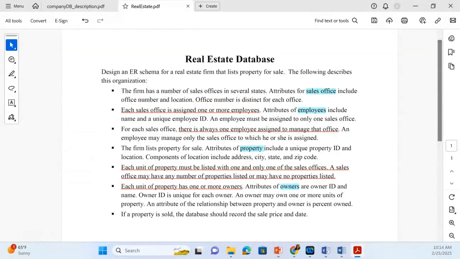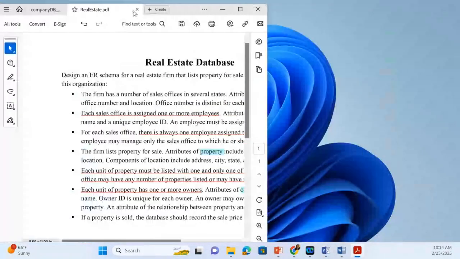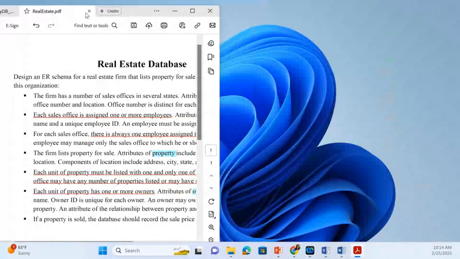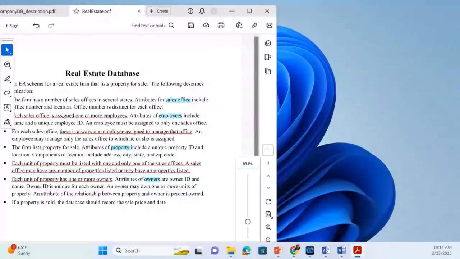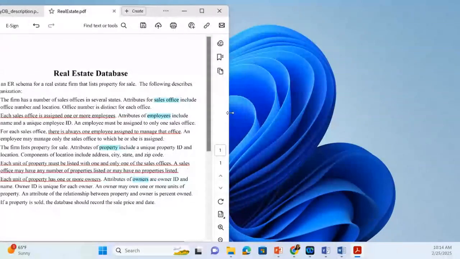Okay, so let me bring up my visual. I need to make it a little bit smaller. So hard to move it. Okay.